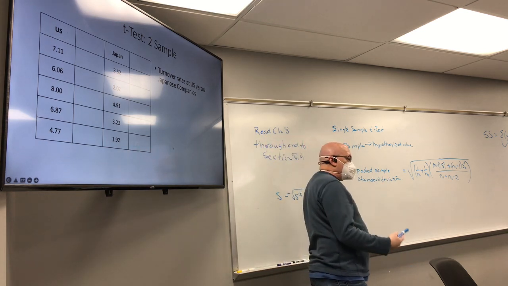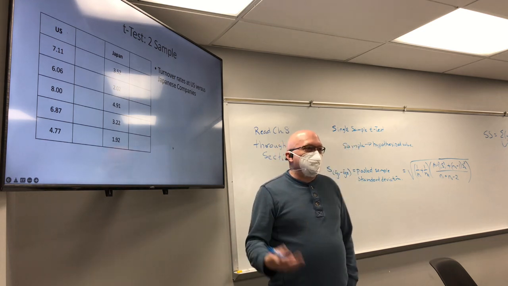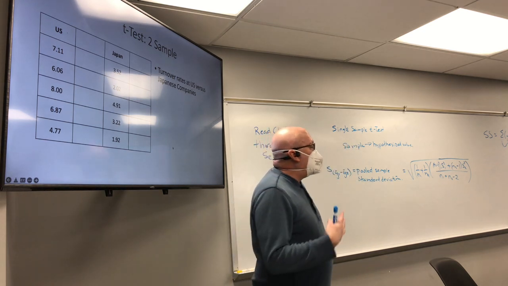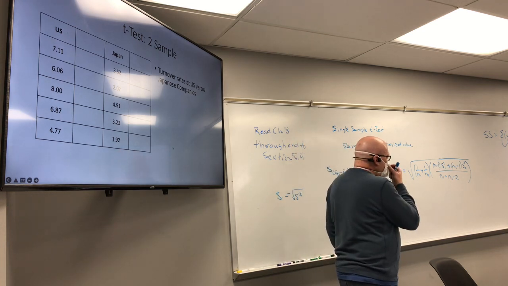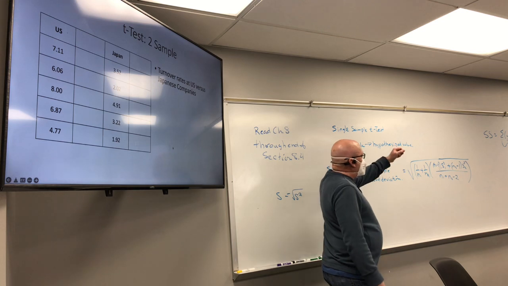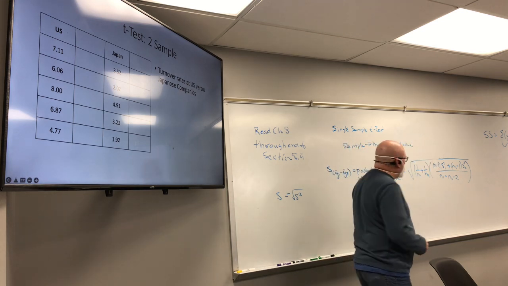Presumably less turnover means that people get to know their jobs better because they're in those jobs longer, and so that might affect quality of manufacturing. And so they got 5 plants in the U.S., 5 plants in Japan, and looked at turnover rate.